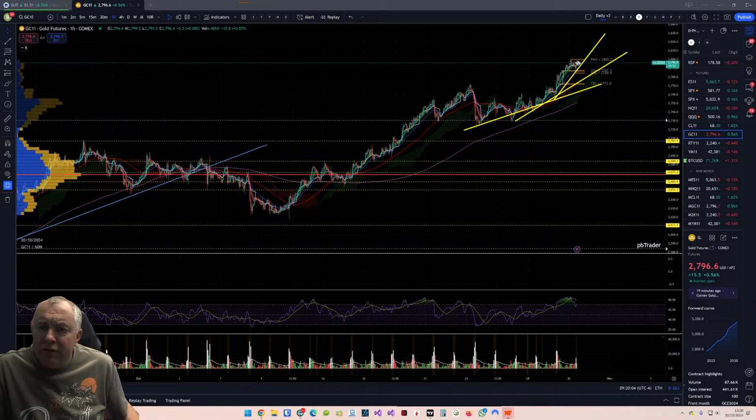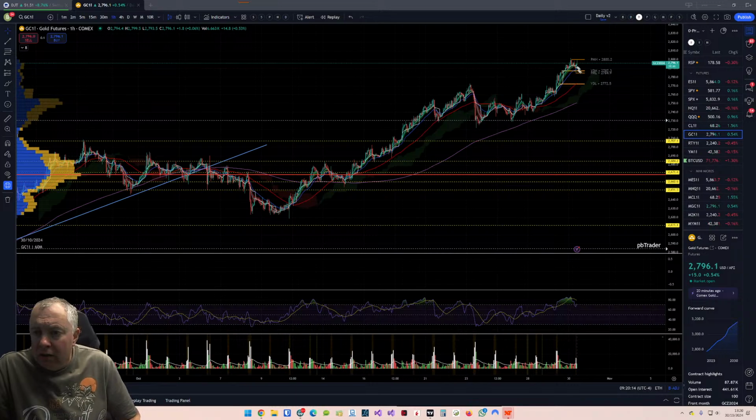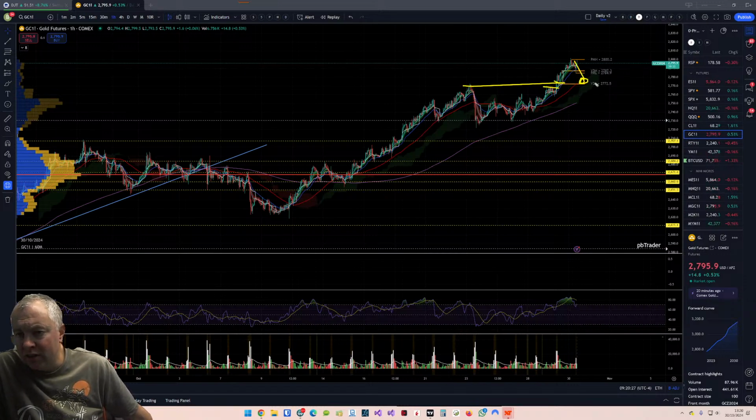I think if it sells off and we can get back down to yesterday's low, we can see we broke out and retested that pivot yesterday, but I do quite like it to come back down into that region. 27.70 for the bounce. Area of confluence, tops of these pivots here, bottoms of these pivots from yesterday. So let's watch yesterday's low for the bounce.